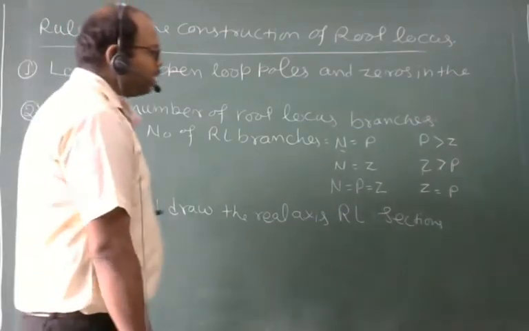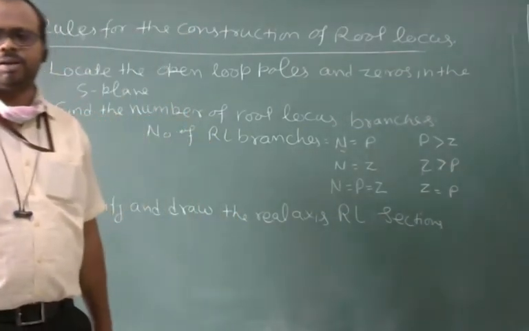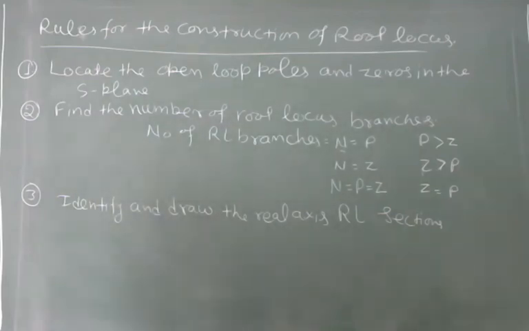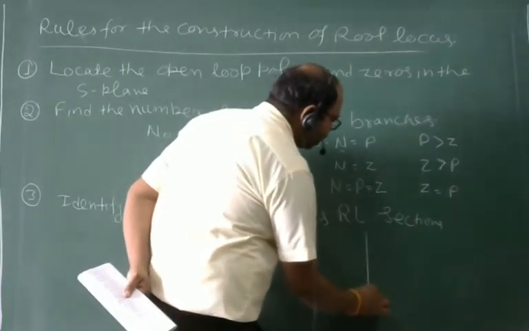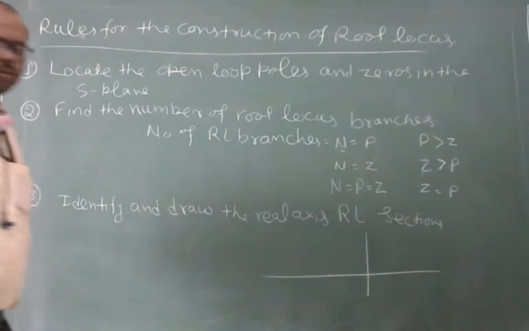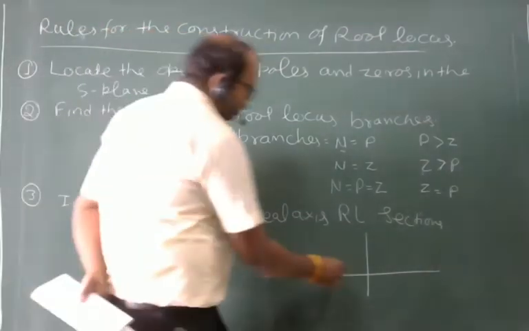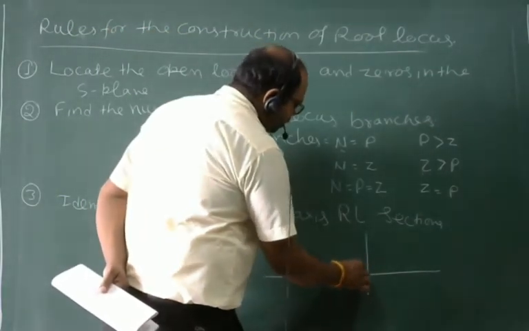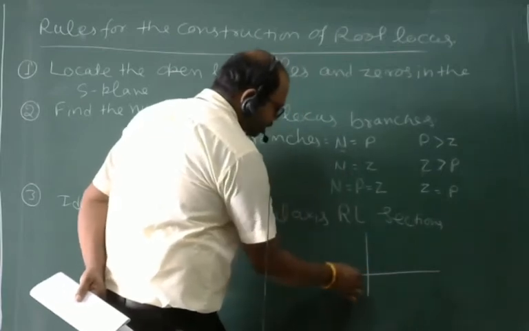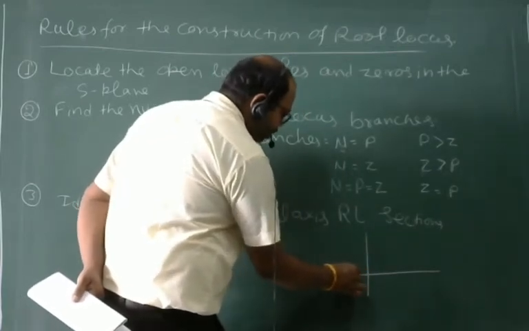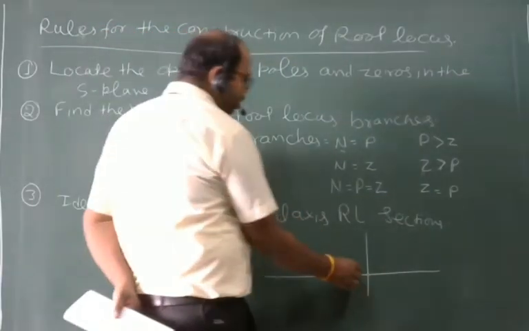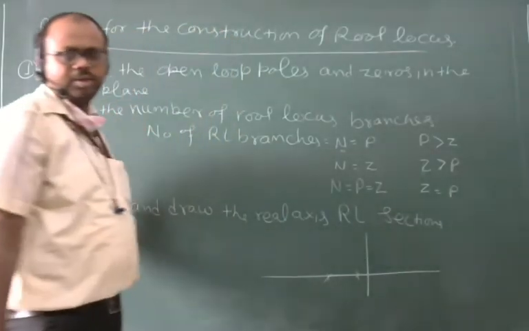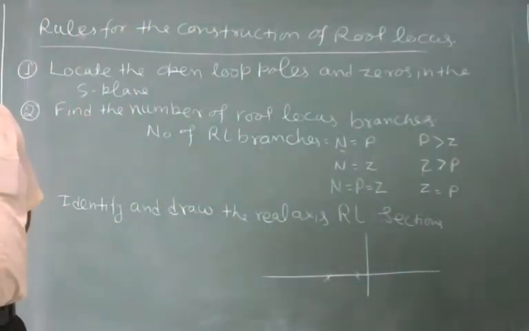In the last lecture, when I was telling the properties of root locus, I told you that the root locus will exist in any section only when the number of roots to the right of this section is odd, right?